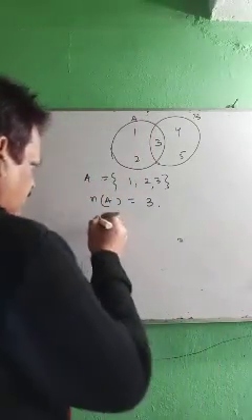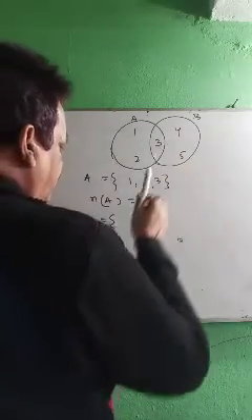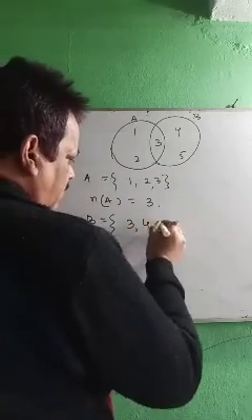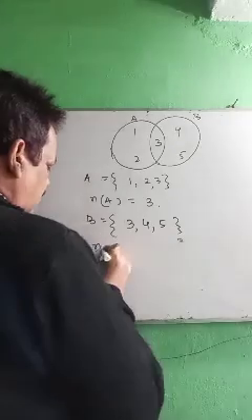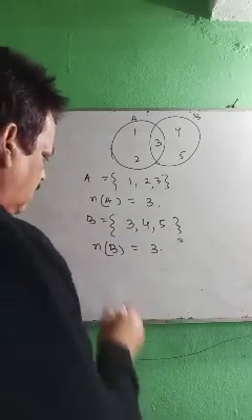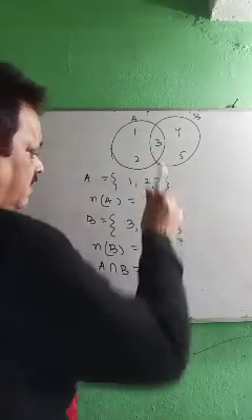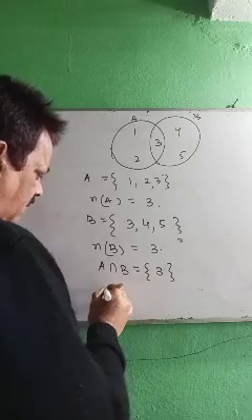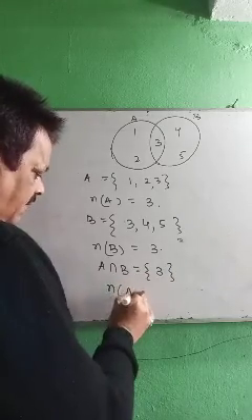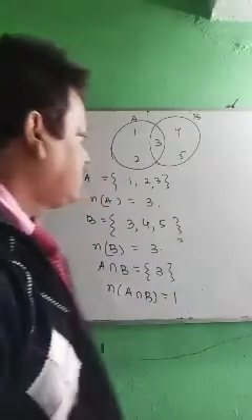B is 3, 4, 5. What is n(B)? Also 3. What is A intersection B? How many elements are there? Only one element. What is n(A intersection B)? That is 1.